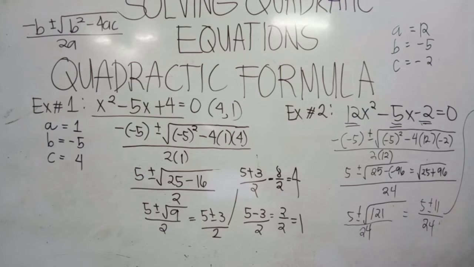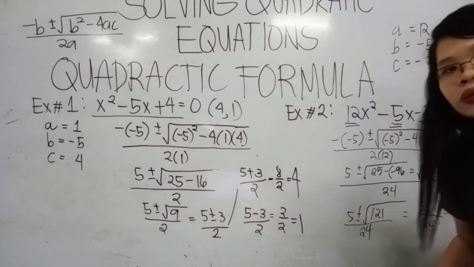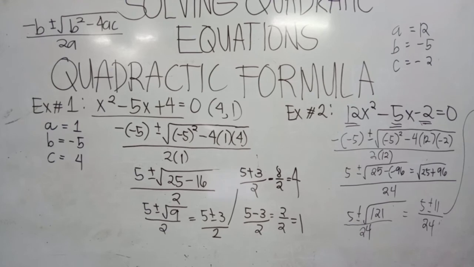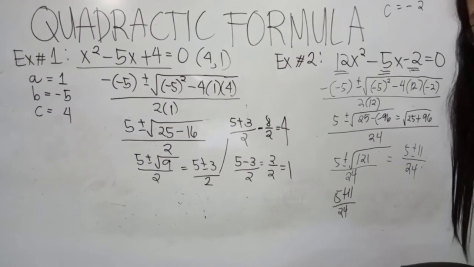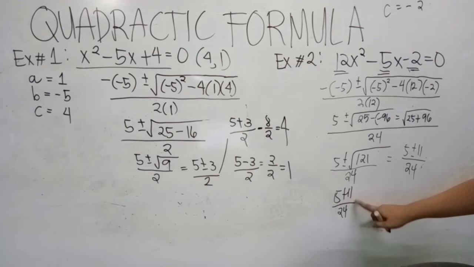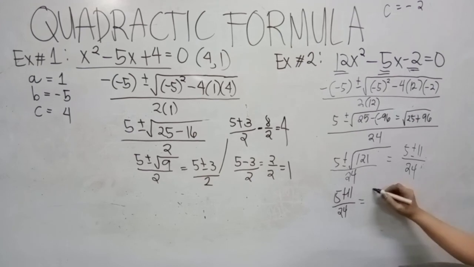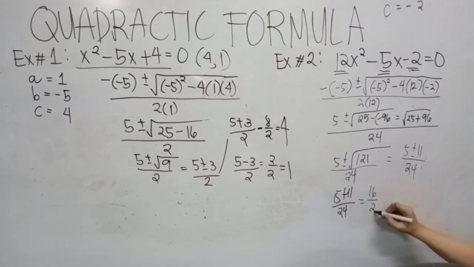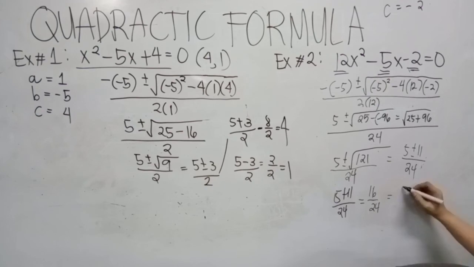I'll move down a little because there's no more space. So we have 5 plus 11 divided by 24, which is 16 divided by 24. So we have 4 over 6, or 2/3.